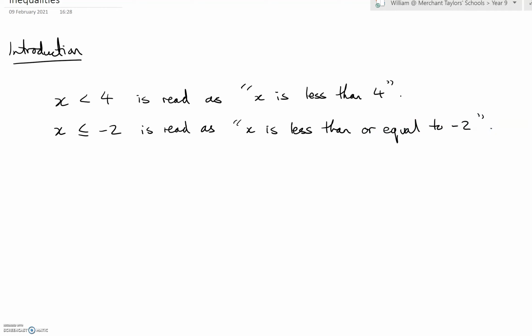This one would mean that x can be any value less than or equal to minus 2. So the difference between these two, hopefully you can see, is this little line underneath.